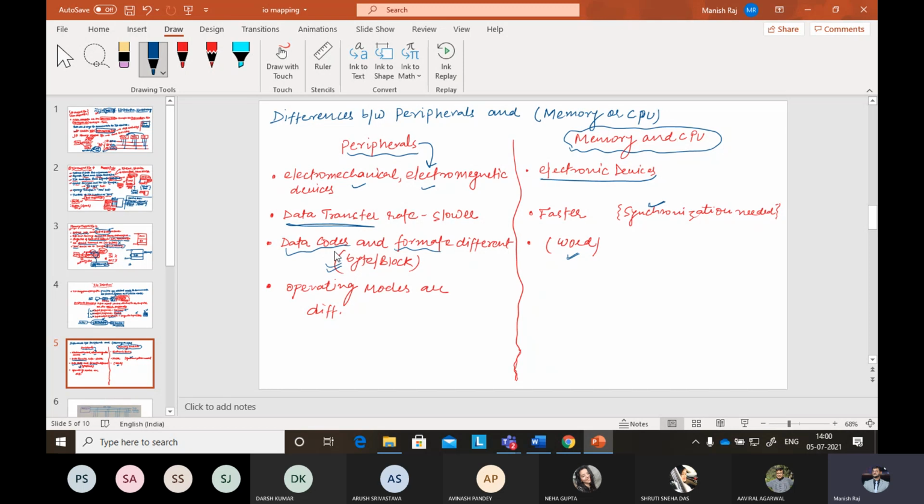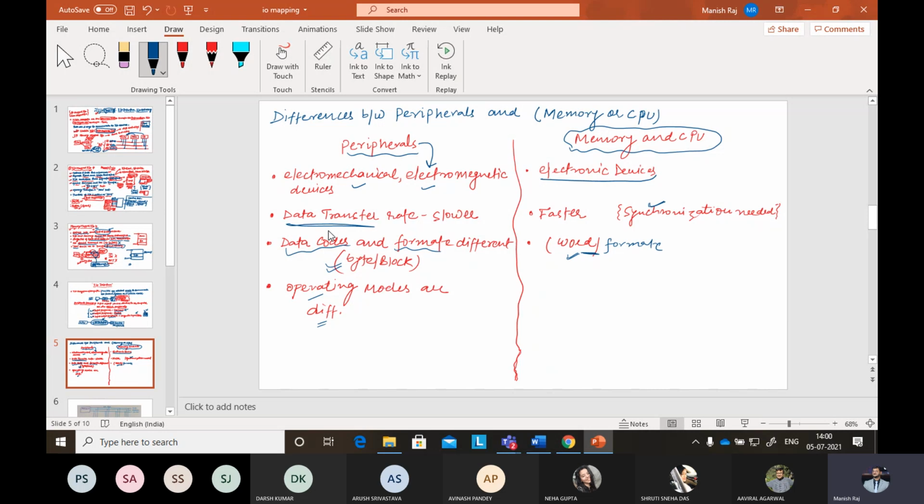So the peripherals use the byte format or the block format, but the memory or the CPU uses the word format. That's why we can't connect them directly. And obviously the operating modes are different for the peripheral devices and the CPU. These are the four points why we cannot connect the peripherals directly to the CPU.